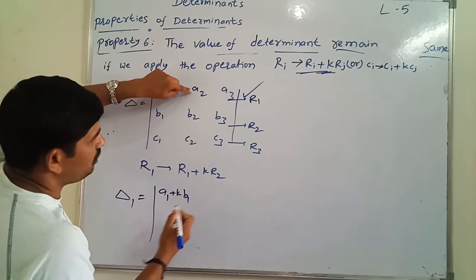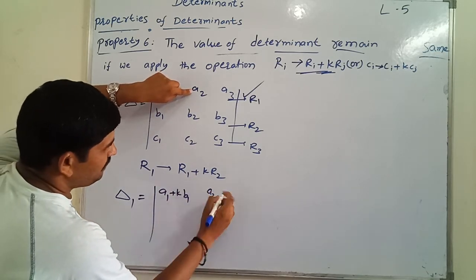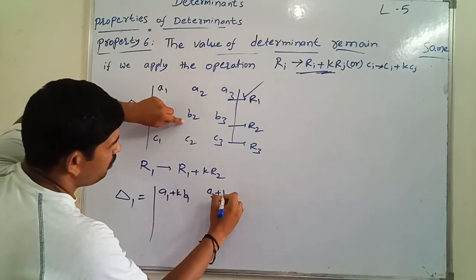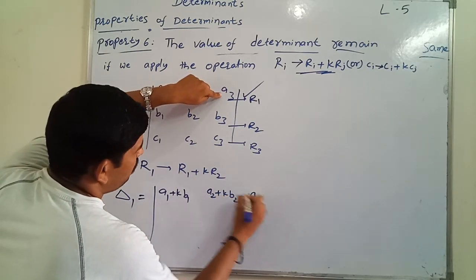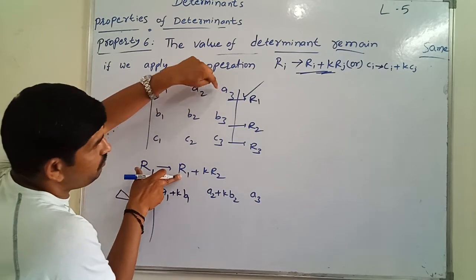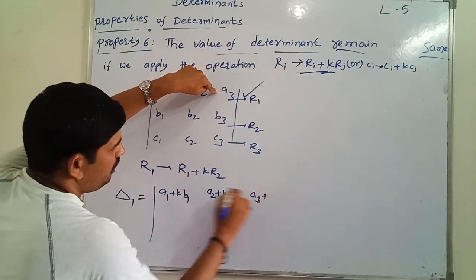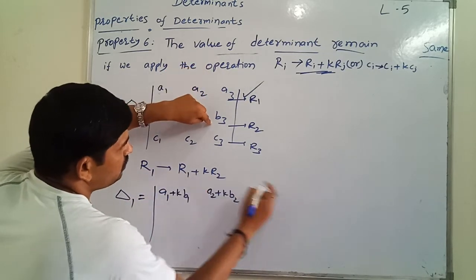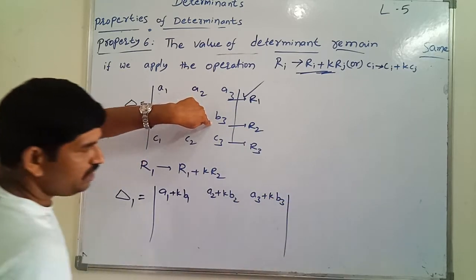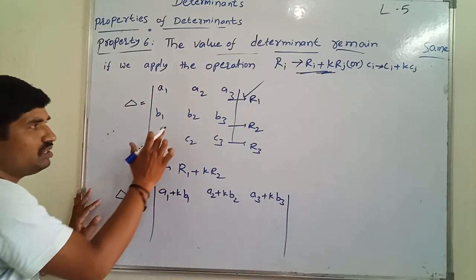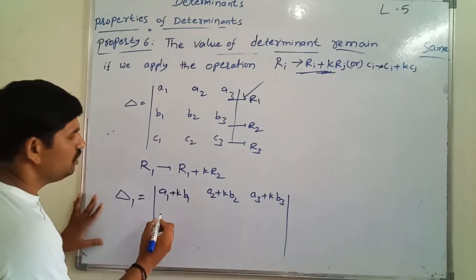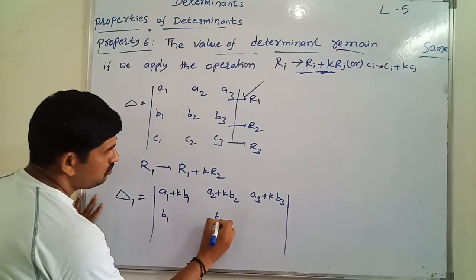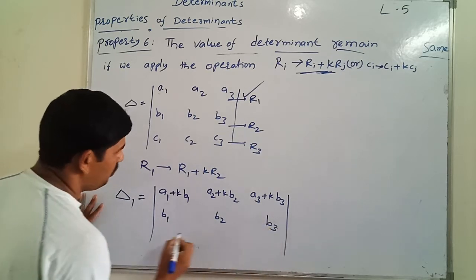After that, similarly, R1 plus k into the R2 element, which is B2. Again R1 plus k into R2. R2 is nothing but this. Completed. And for the remaining R2 and R3, we are not applying the operation, so we directly write the given R2 and R3.